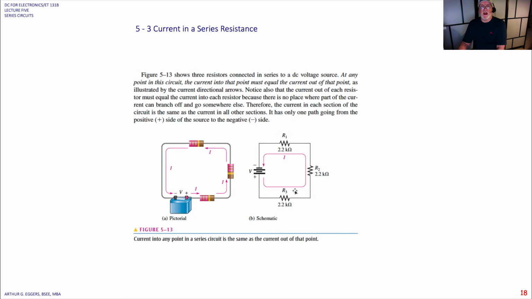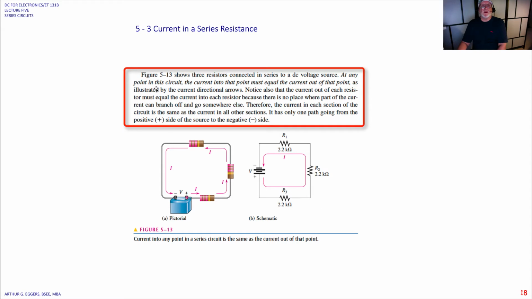If we look at the resistors in this circuit, we've got the schematic diagram. All of the resistors are the same, 2.2 k ohms. The current is the same through each of the resistors.